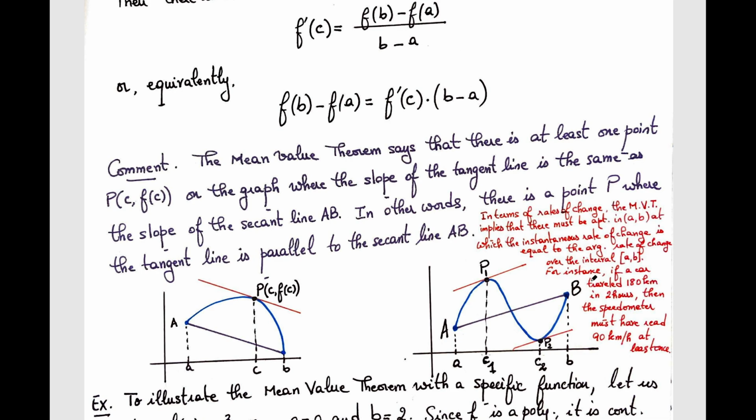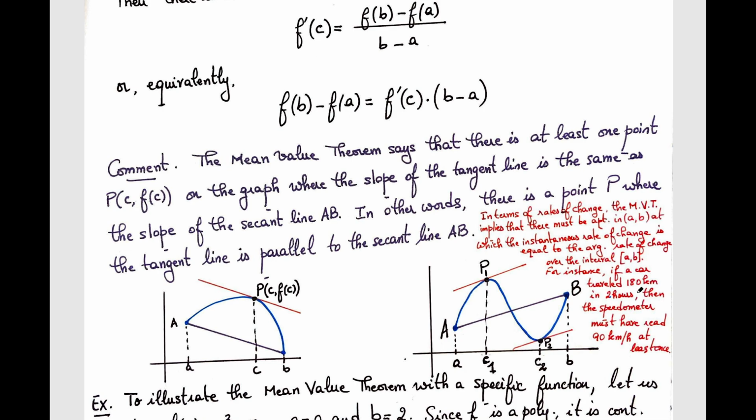For instance, if you want to take a concrete example, if you have a car that traveled 180 kilometers in 2 hours, this means you have 180 divided by 2, which is 90. So what the mean value theorem says is that somewhere between those 2 hours, the velocity of this car was 90 kilometers per hour, at least once.